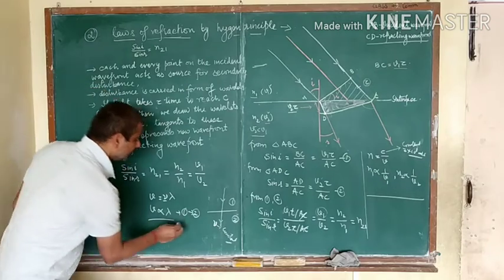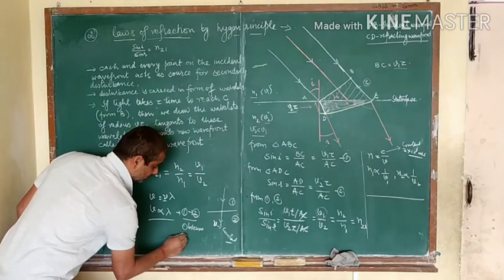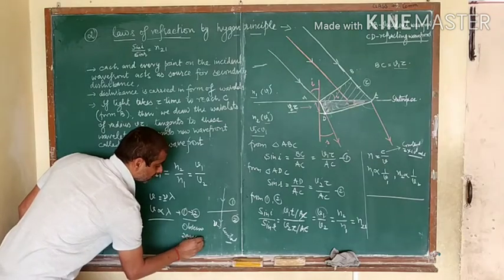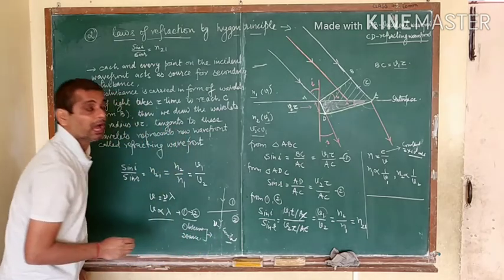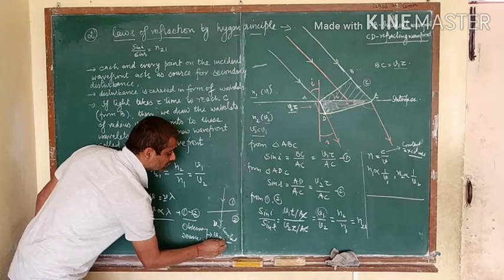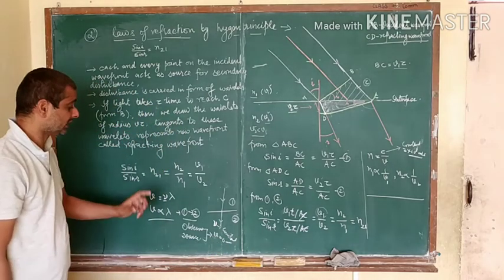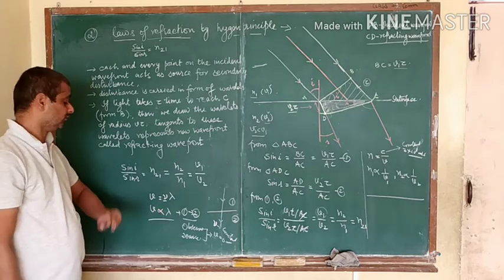The condition is that the observer or source are either at rest, or there is no relative motion between them, the relative motion is equal to 0. Then velocity is directly proportional to the wavelength.